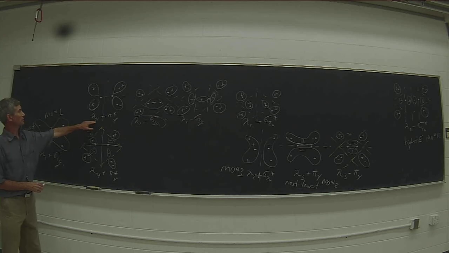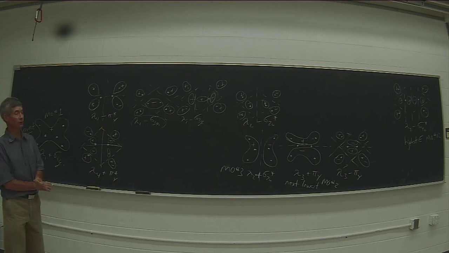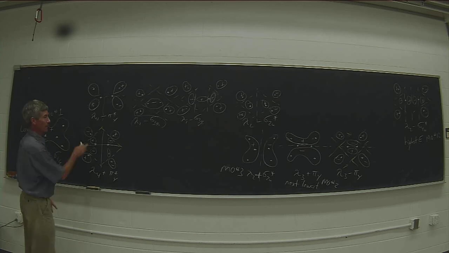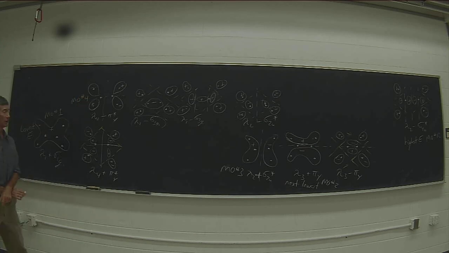This situation is bonding, and it has a lot of bonding character. So can we see any other orbitals that have similar amounts of bonding character? And the answer is no. So this should be molecular orbital number 4, the 4th highest energy.